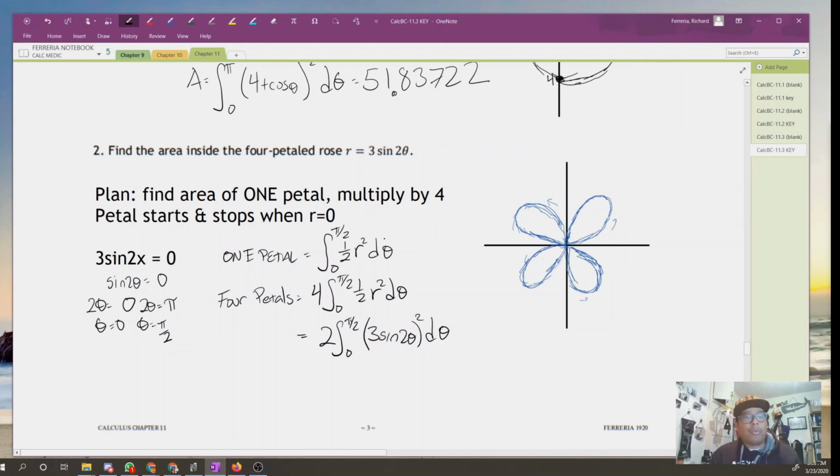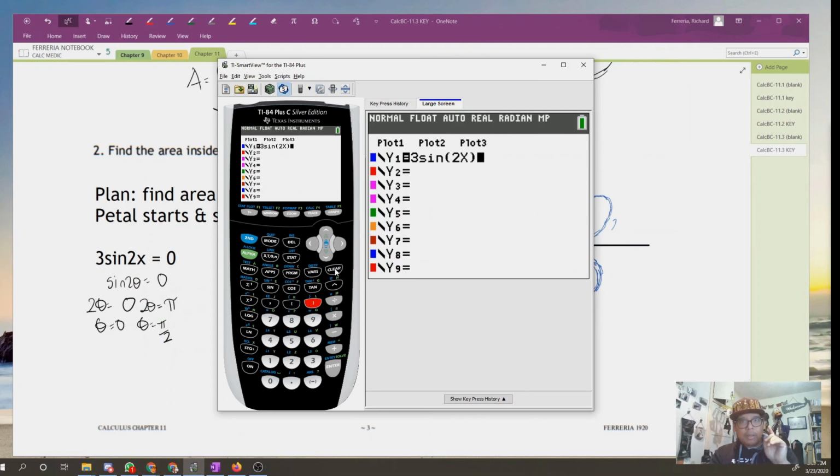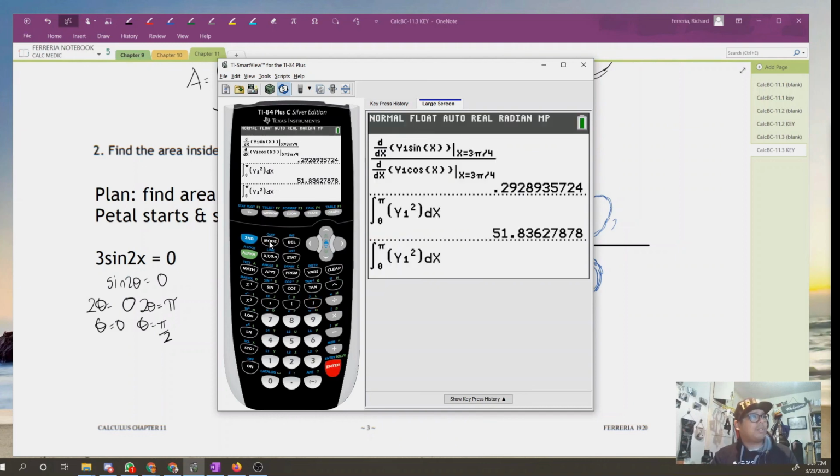Again, grab your calculator. We have our radius in y1, which is what you should be doing. And then on our home screen, we're going to put 2 times this integrand.